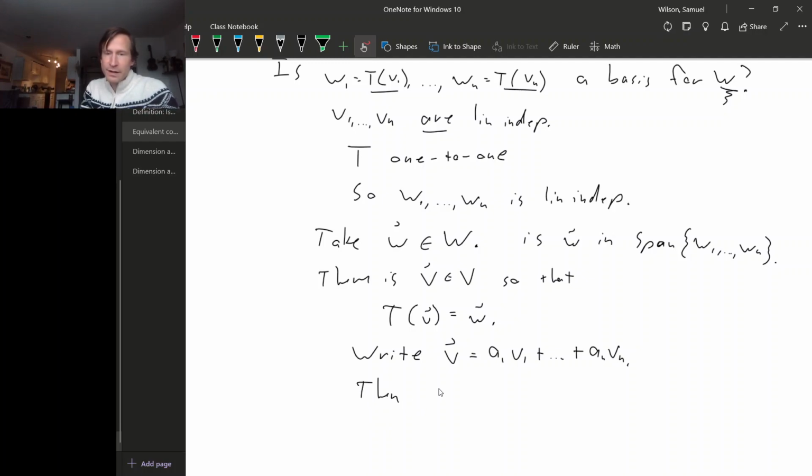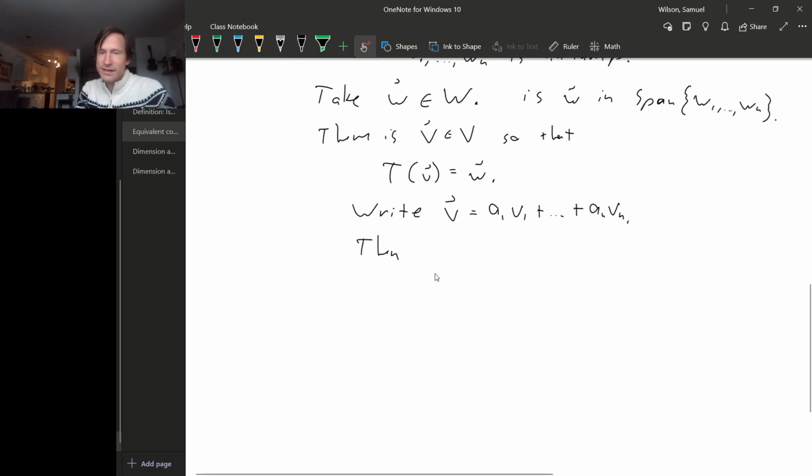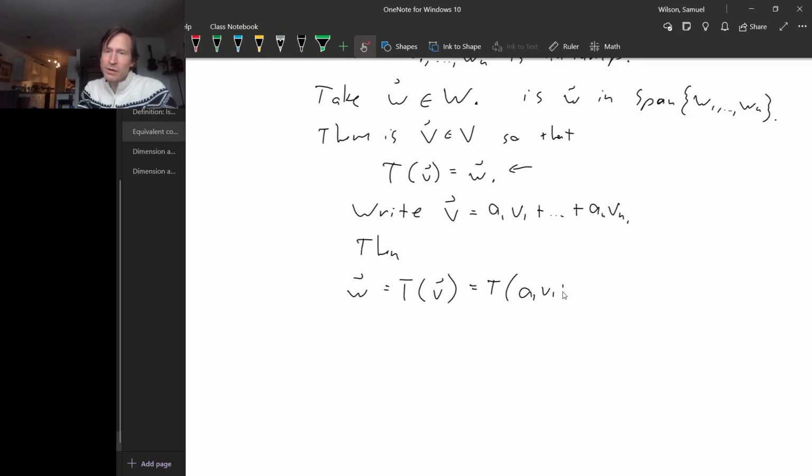Then what is T of v? Well, on the one hand, T of v is w. That's what we set up here. But on the other hand, v is this linear combination, a1 V1 plus dot dot dot plus an Vn.